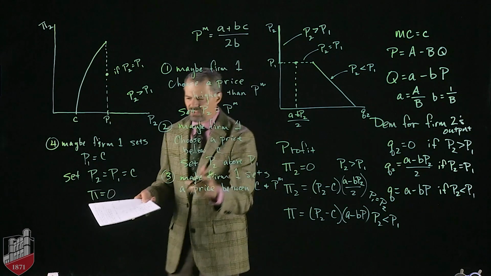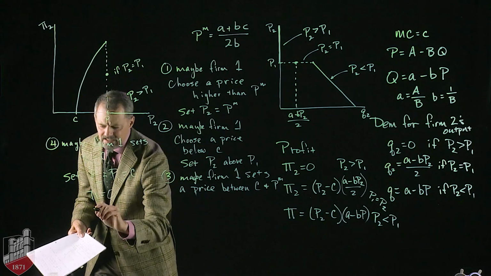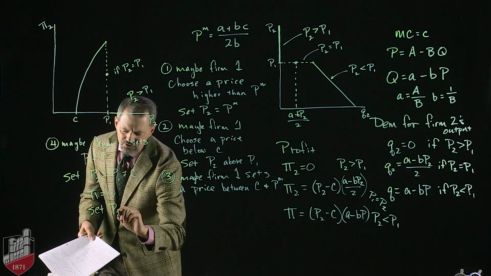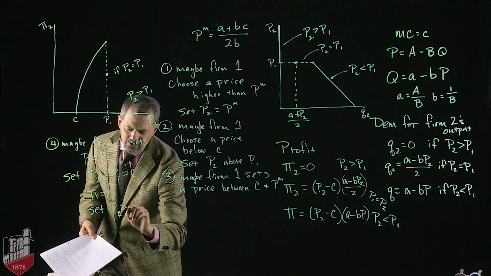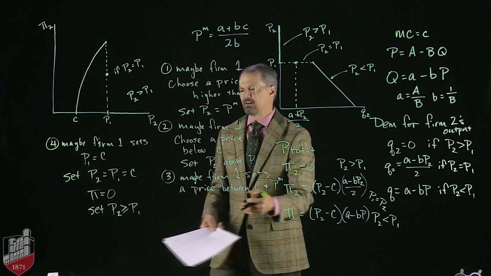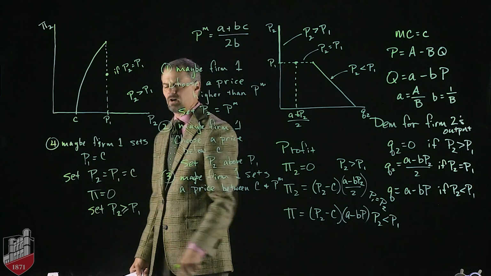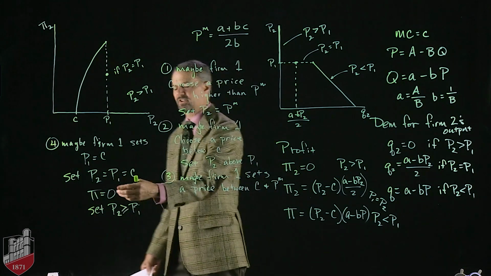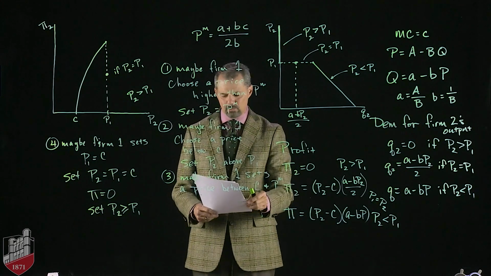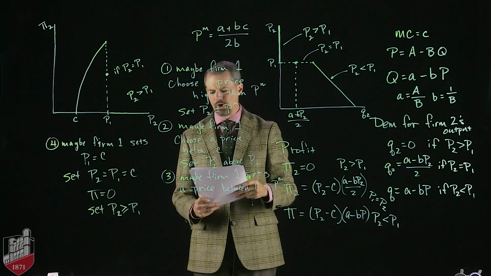So what we would say, a better way to say it would be set P2 greater than or equal to P1. They're going to earn zero profit if they set price equal to P1, and they're going to earn zero profit if they were to set price P2 greater than P1. So that's the correct way to say it.